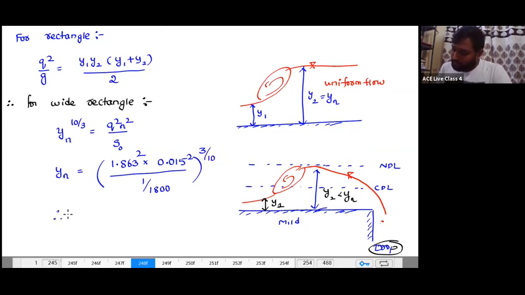Now find out the yn value, please. The yn value is going to be 1.107 meters.